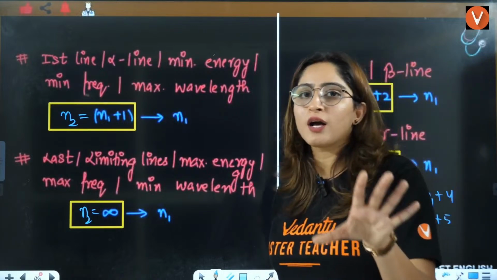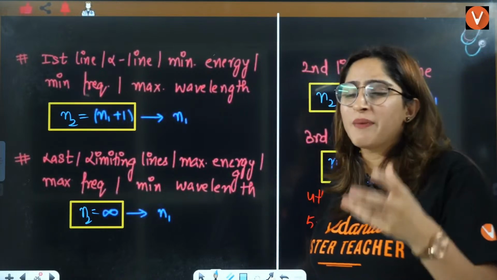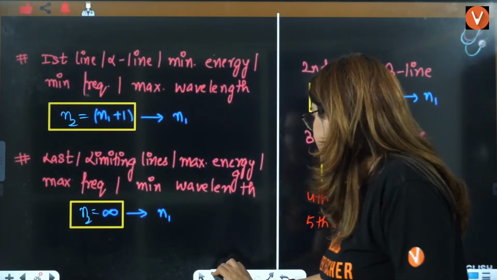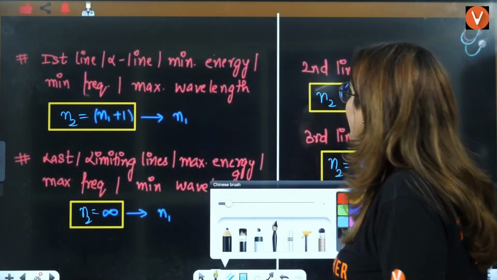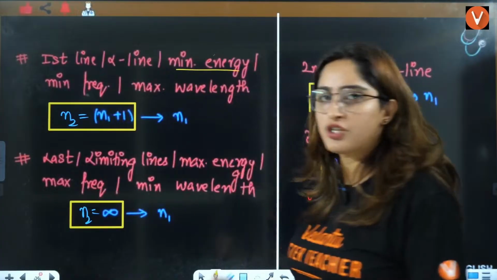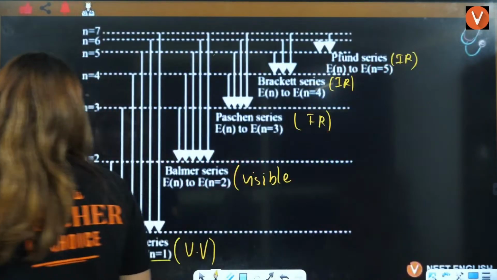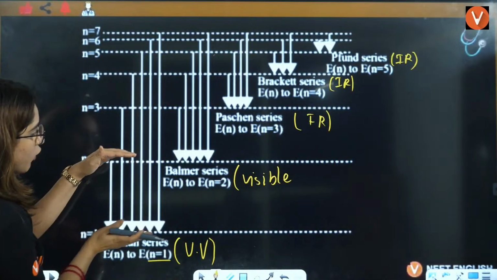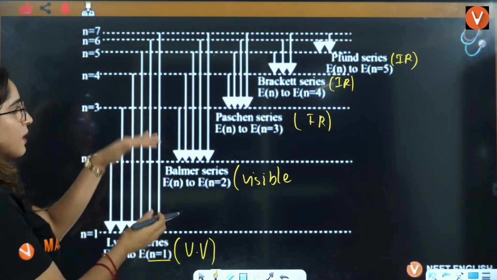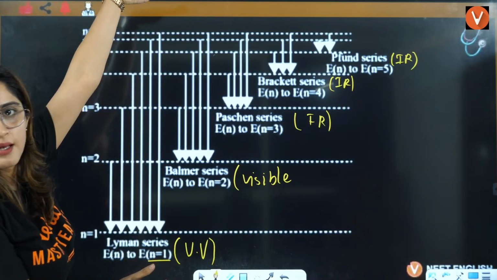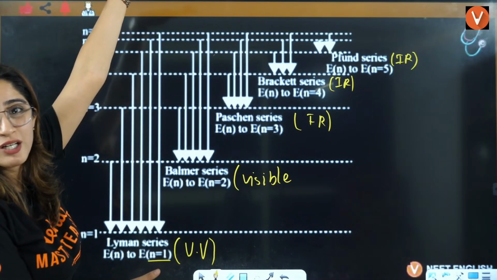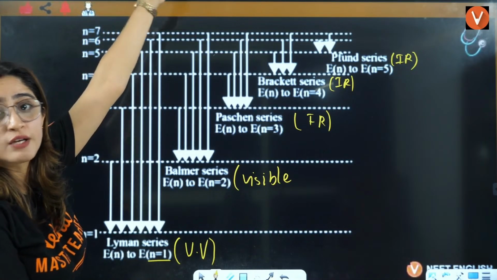Now let's talk about maximum energy, minimum wavelength, about this, right? If they give you minimum energy, that means the difference in energy is minimum. Minimum difference means they are talking about the first line. Maximum difference means they are talking about infinity, N2 is infinity.